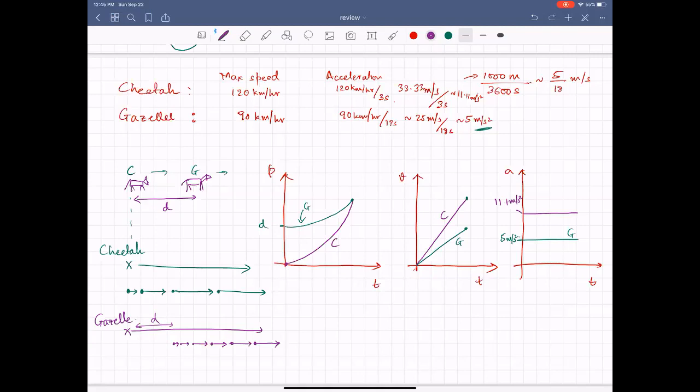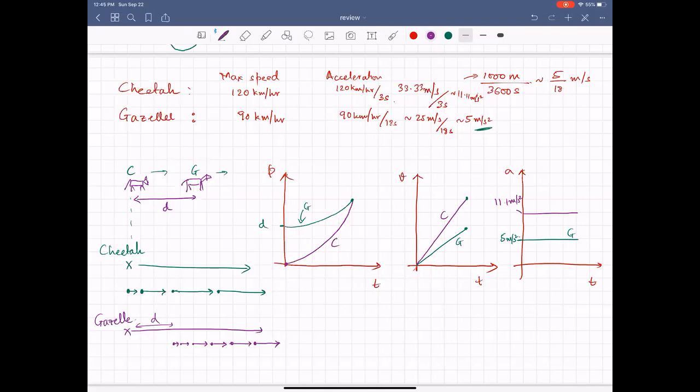But what you are told is that the cheetah catches the gazelle during the period when they are both accelerating. So that means neither of them has reached that maximum speed; they're both accelerating.